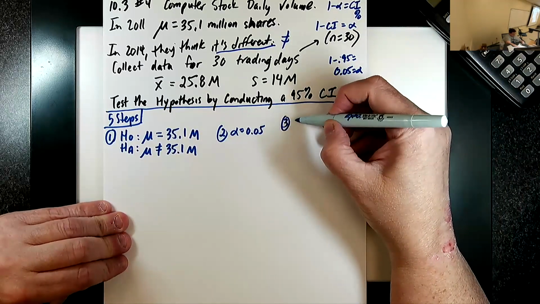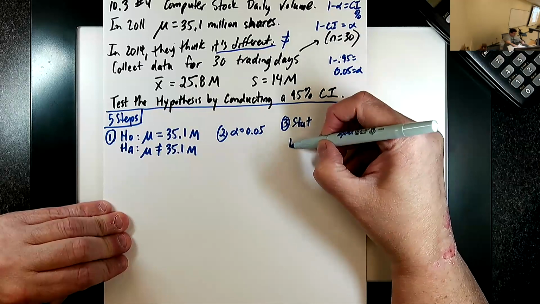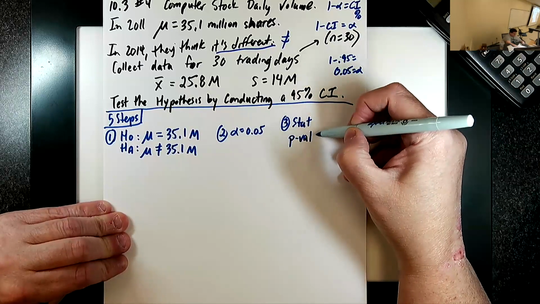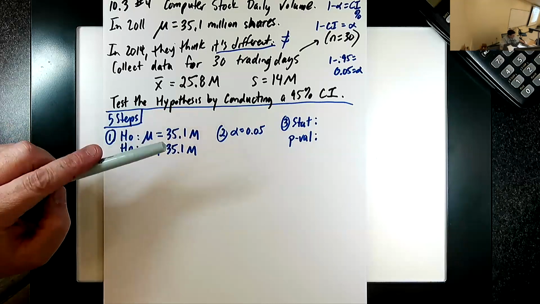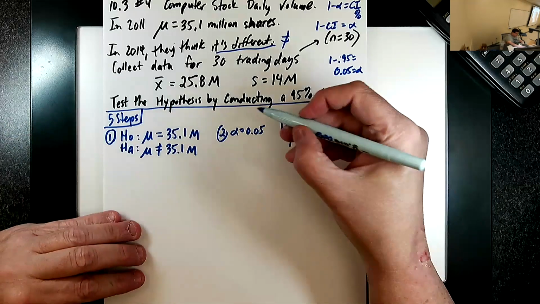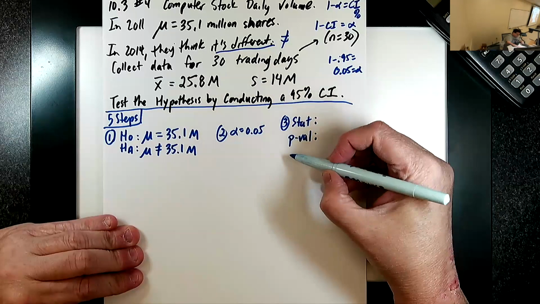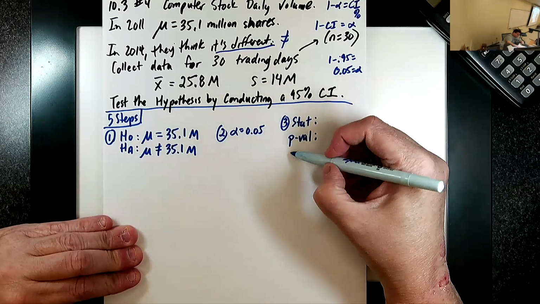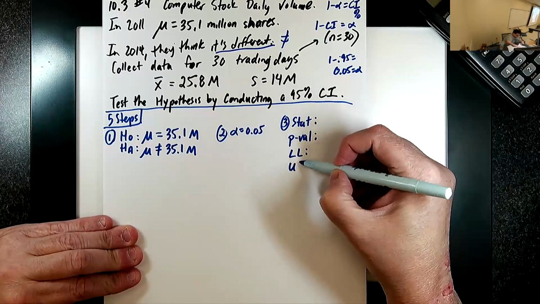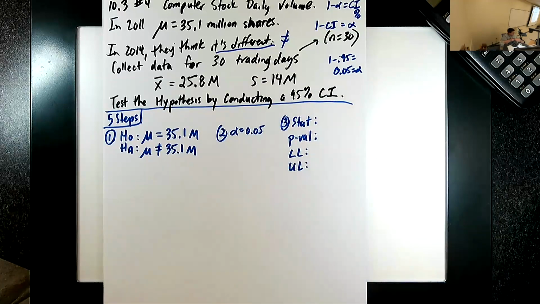Step 3, we need a stat and we need a p-value. That's going to be some StatCrunch work. While we're there, I'm going to write down the lower limit and upper limit as well, because that's what they want for the homework problem.